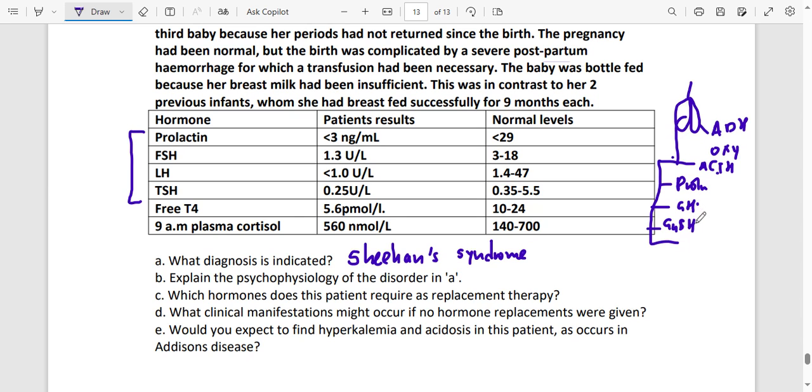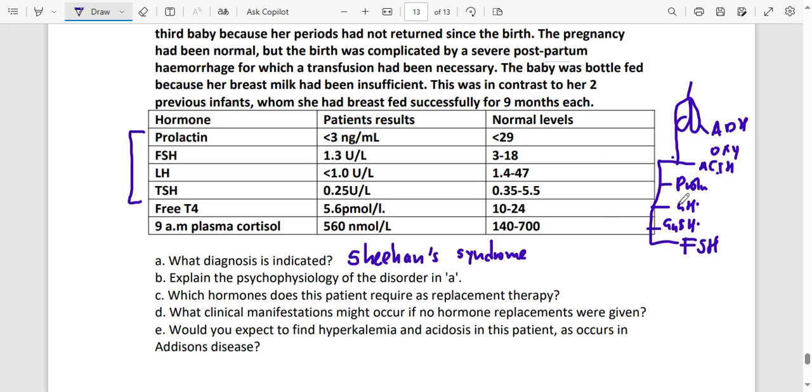One, two, three, four. What else have I left out or forgotten here? Any other thing that is produced from the anterior pituitary? Follicle stimulating hormone. Remember, stimulating hormones come from the pituitary.